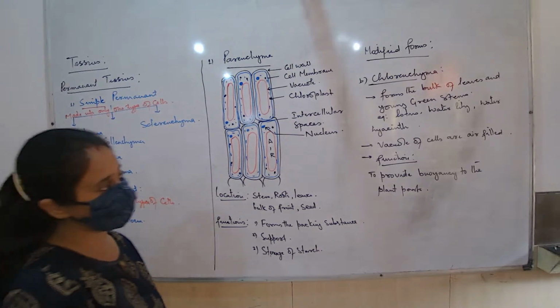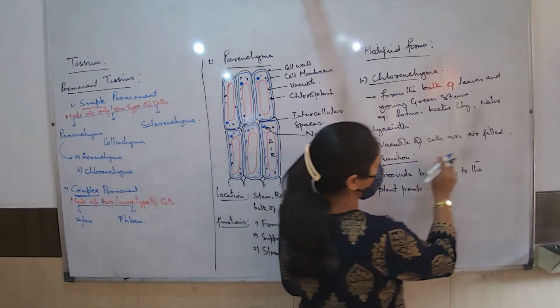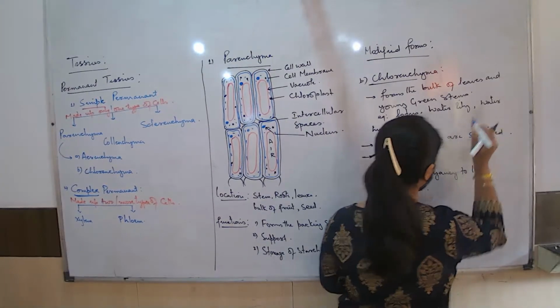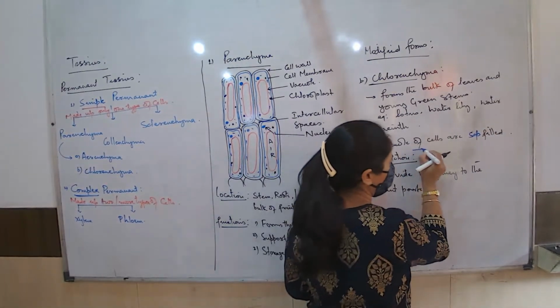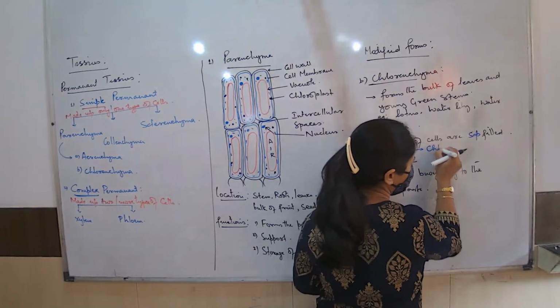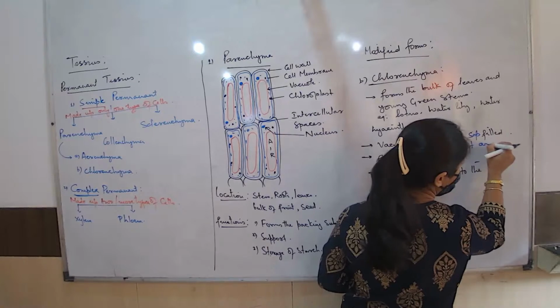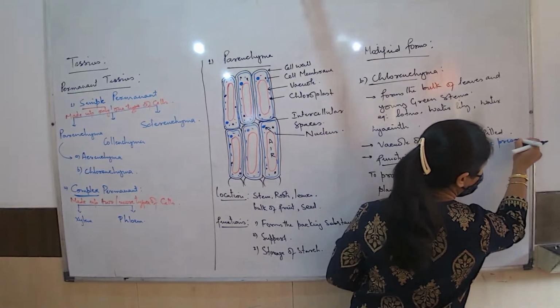What is the special feature that they have? Here they are all filled with sap. But apart from that, they also have a special feature, that is, they are rich in chloroplasts. Chloroplasts are present in large numbers.